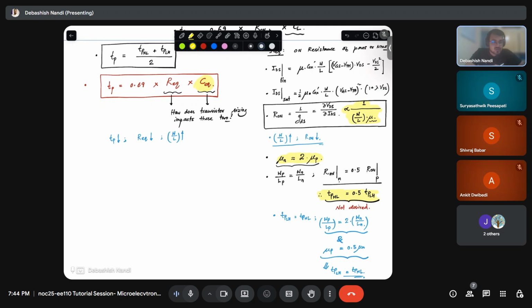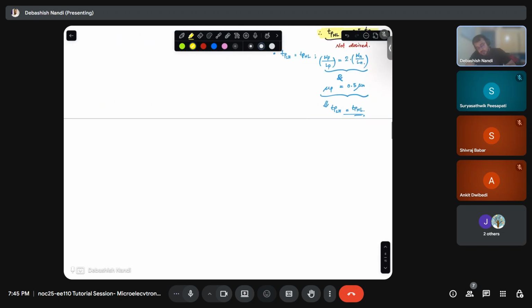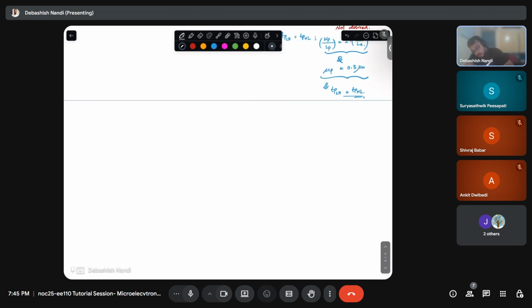We have considered C equivalent to be CL only, the load capacitance, but that is not true. So the impact of transistor size on C equivalent.